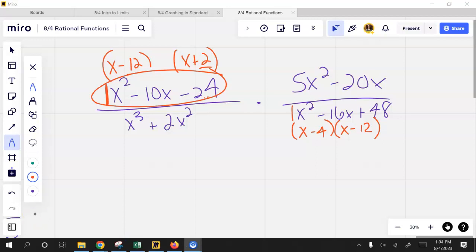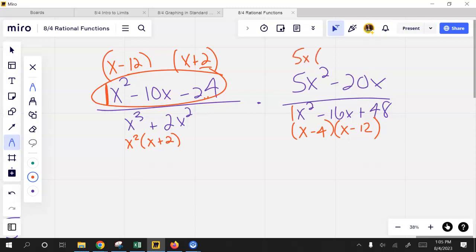How about, can I factor the first one? The denominator of the first? X squared out. What's left? How about the second fraction up top? You can take out what? 5x.